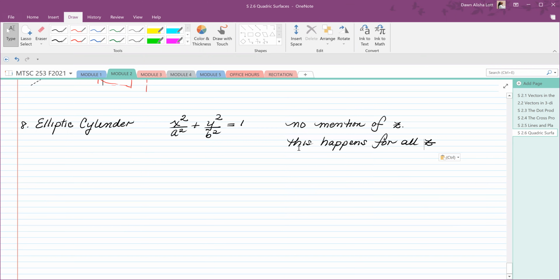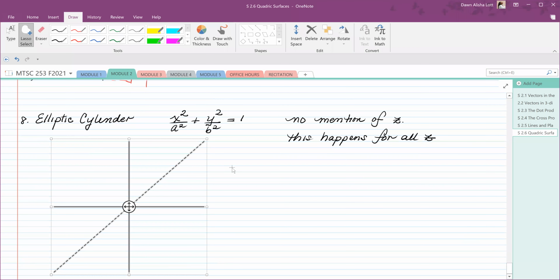Okay, so therefore, if I take and I draw my axis, and I have a cylinder in the XY plane, I'm sorry, I have an ellipse in the XY plane, I have this same ellipse like that.